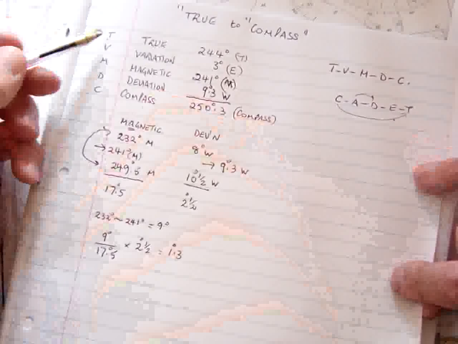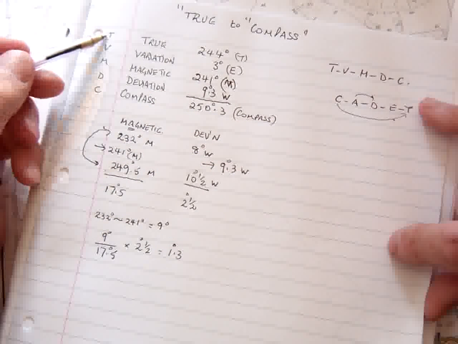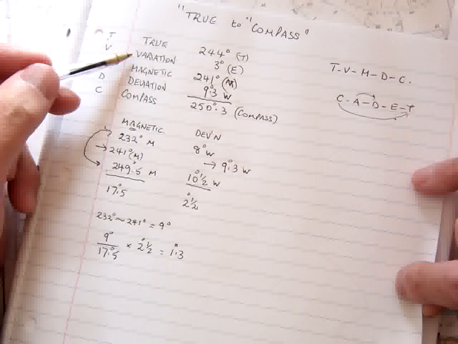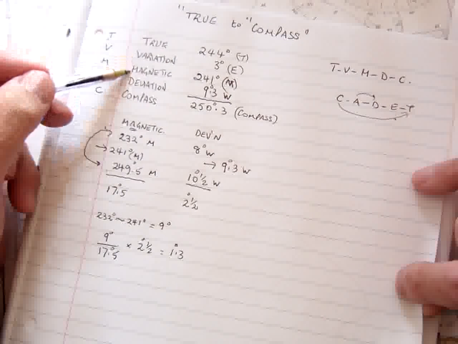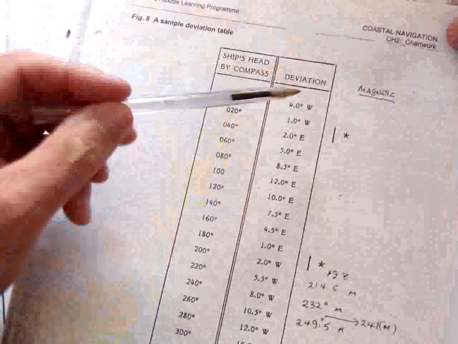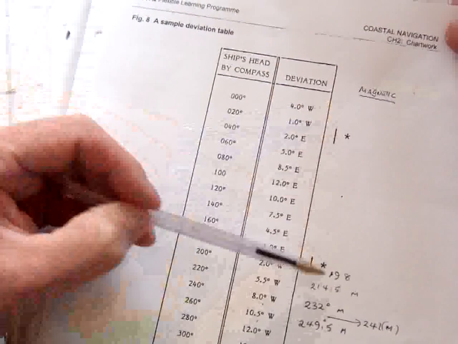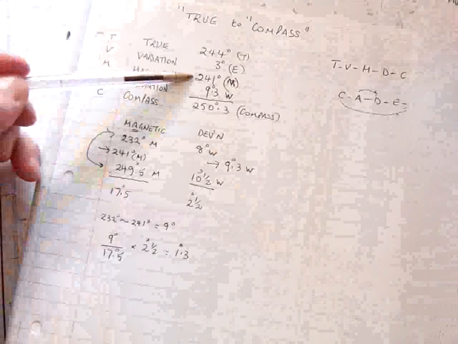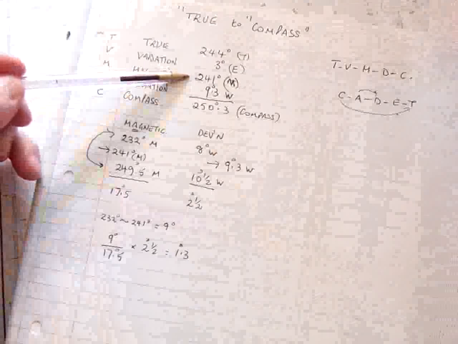So if you remember, timid virgins make dull company. True, apply your variation, get your magnetic, go to the table indicating the deviation values, ship's head by compass, work out your magnetic values. Get magnetic values either side of your magnetic value in your calculation.